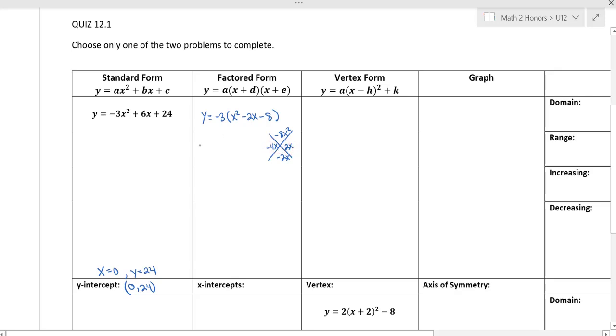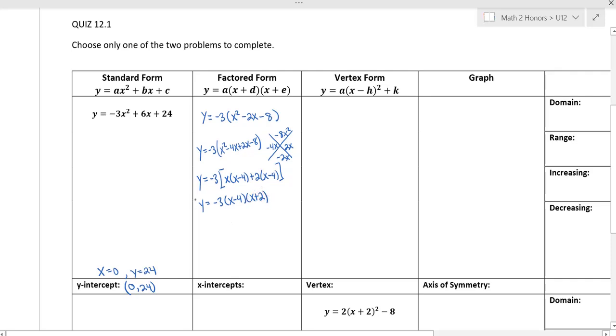So now continue to factor. And now it's completely factored.